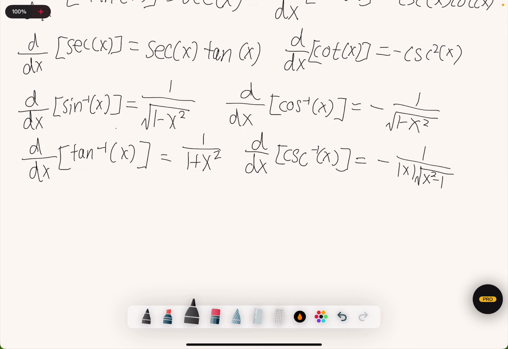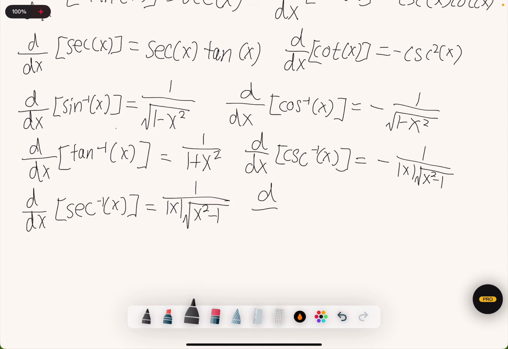We also have the derivative of the inverse of secant x, which is 1 over the absolute value of x times the square root of x squared minus 1. And last but not least, we have the derivative of the inverse of cotangent x, which is just negative 1 over 1 plus x squared.